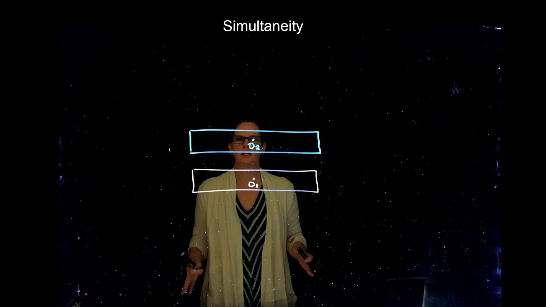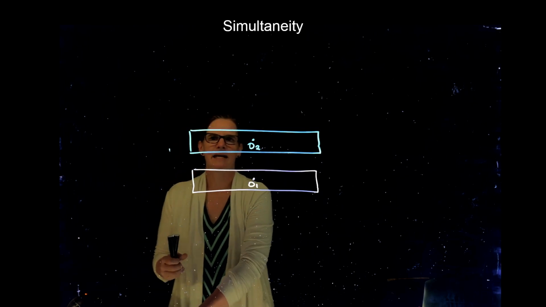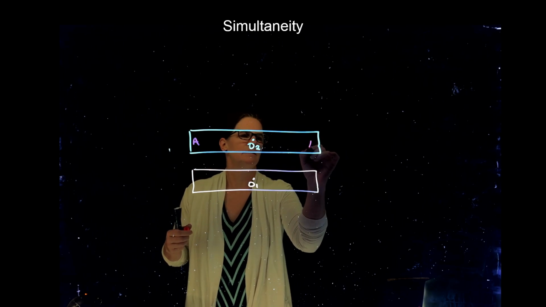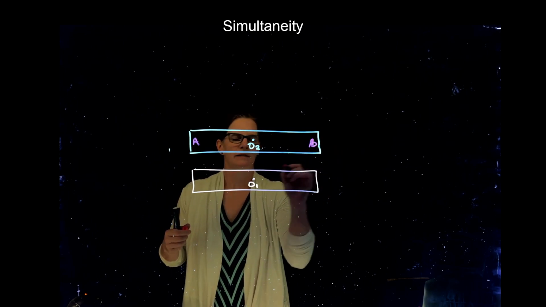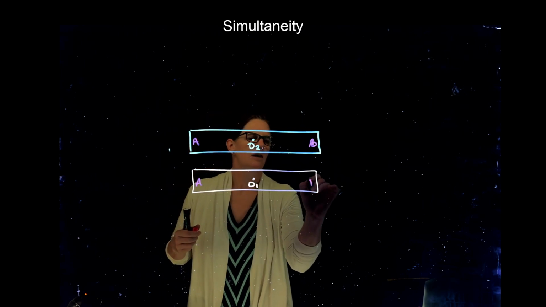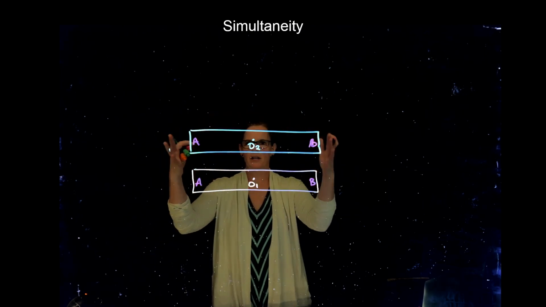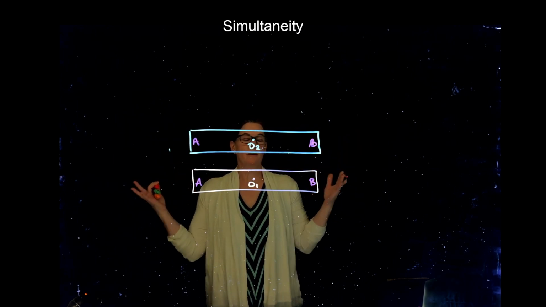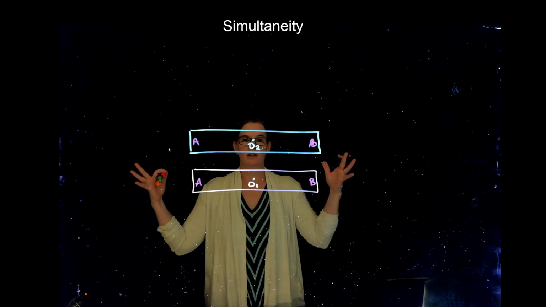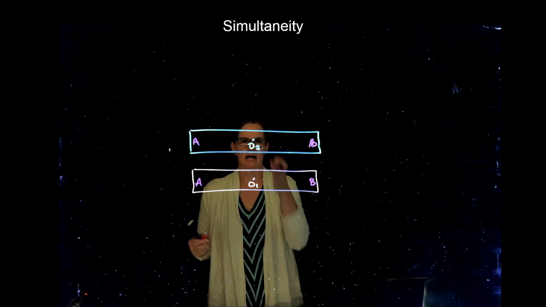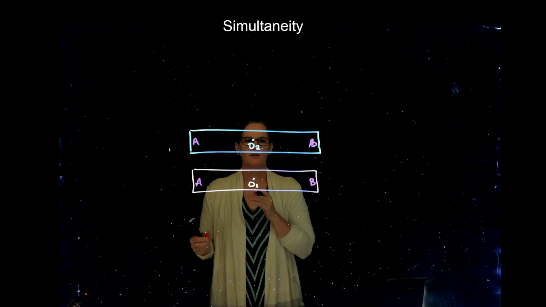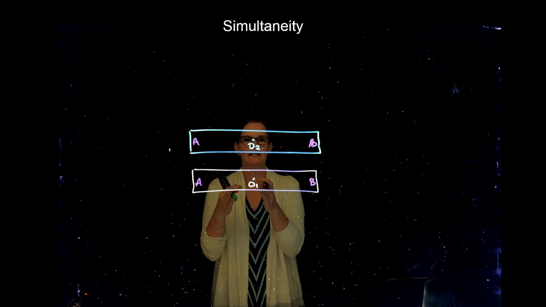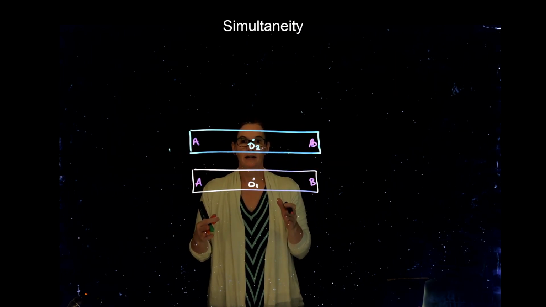And if they're both stationary, and let's say our events A and B, so here's A and B, are happening at these same locations on the super rocket, at the edges of the rocket. Both of them are stationary, and A and B are simultaneous events. They happen at the same time. Observer 1 observes the events hit at the same time, and observer 2, those events are hit at the same time.